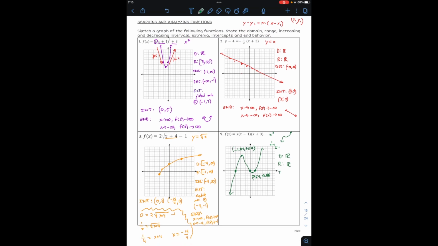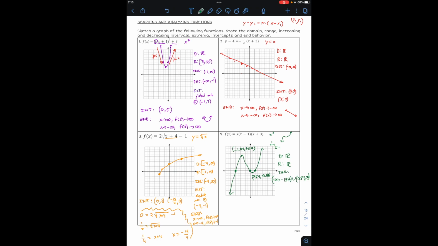It is increasing from negative infinity to negative 1.87, and then again from 0.54 to infinity. I don't know why I said 0. I mean infinity, negative infinity to negative 1.87.